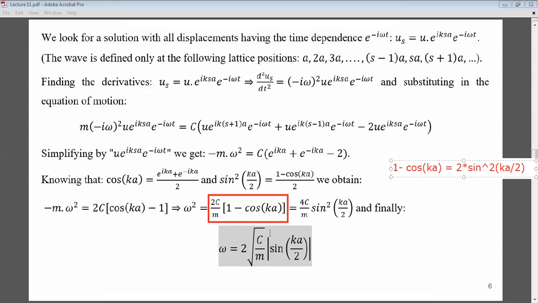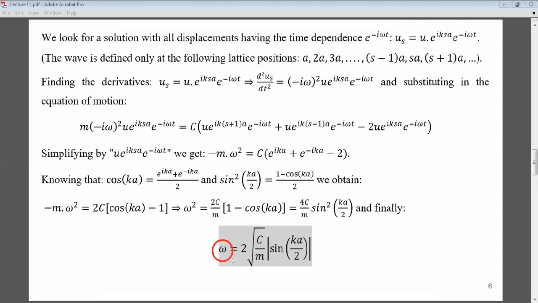And finally, I get a relation between omega and k, okay? And it is a function of C, that is the constant of the lattice, m, the mass of the atoms, and a, the equilibrium spacing between any two atoms. C, m, and a are constants, okay?